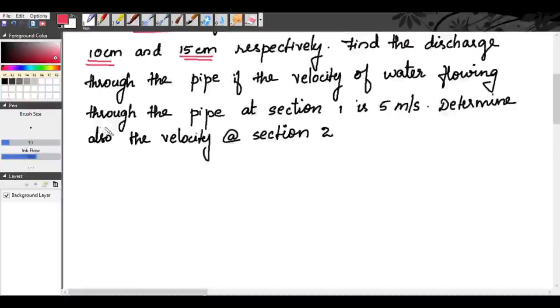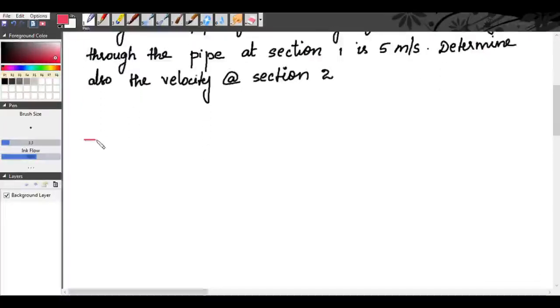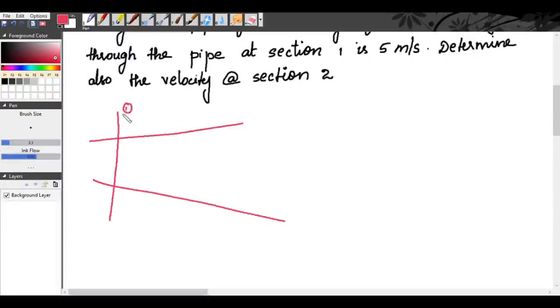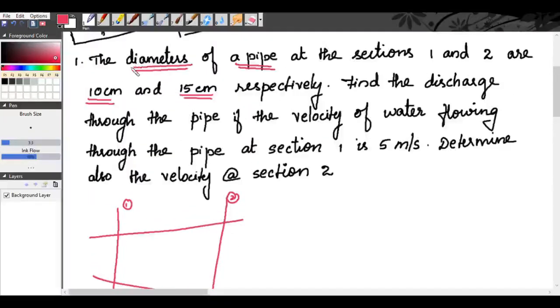So let us draw the diagram first. We will draw our pipe like this, because at section 1 the diameter is smaller and at section 2 the diameter is larger. At section 1 it is 10 centimeter and at section 2 it is 15 centimeter.